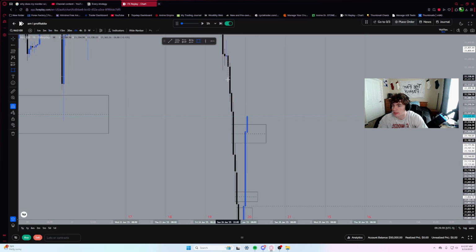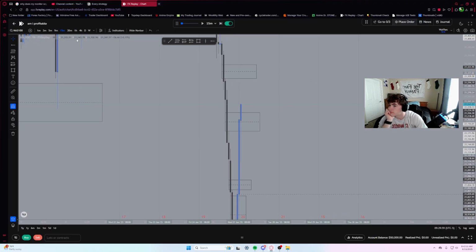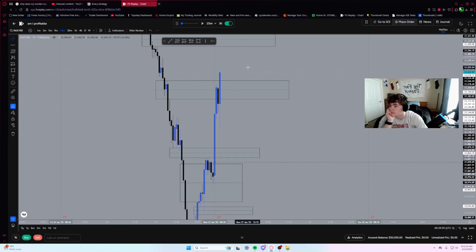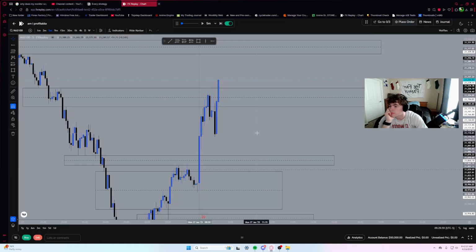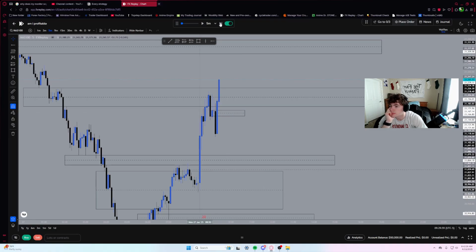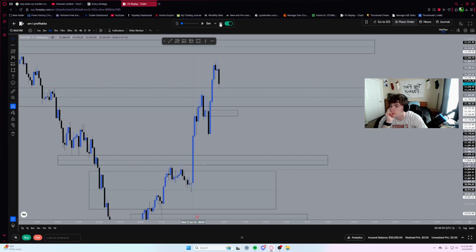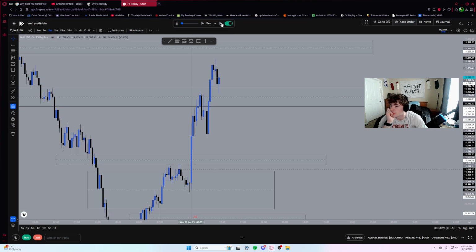Alright, the next fair value gap's right here. Price will retrace there. Okay, how long if this gets touched? I doubt it will.